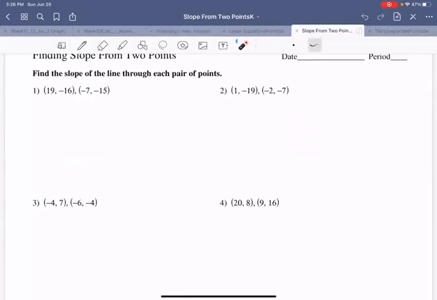Now let's do the slope calculation. Ethan, let's do the slope calculation for number 1. So you do negative 15 minus negative 16, which is negative 15 plus 16.